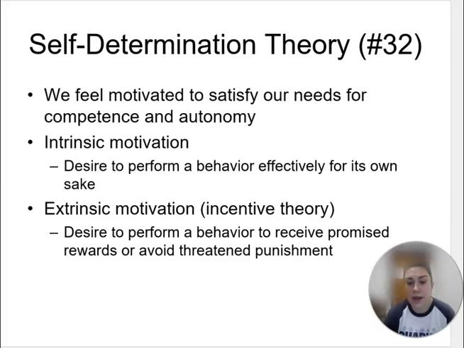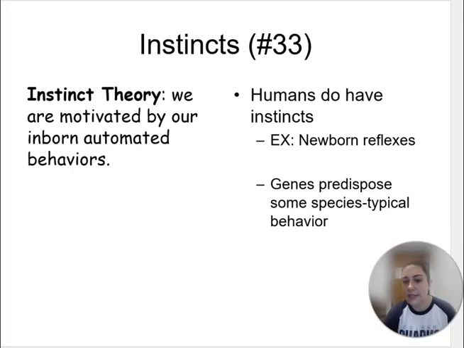Sometimes we're motivated by an intrinsic reason, and sometimes we have external or extrinsic motivators. And then instinct theory basically is something that is inborn. We are born with it. Humans have instincts and animals have instincts as well, and they help to enable us for survival.